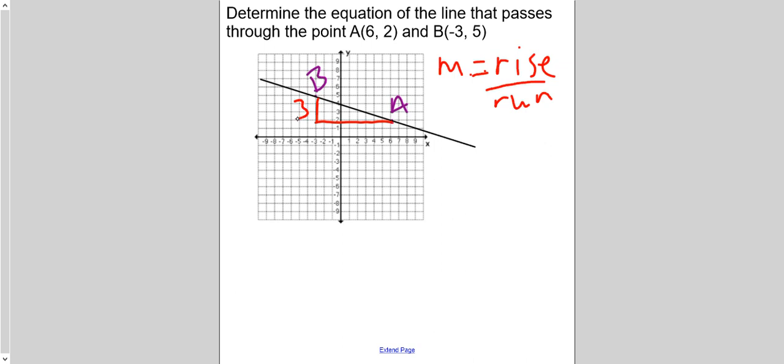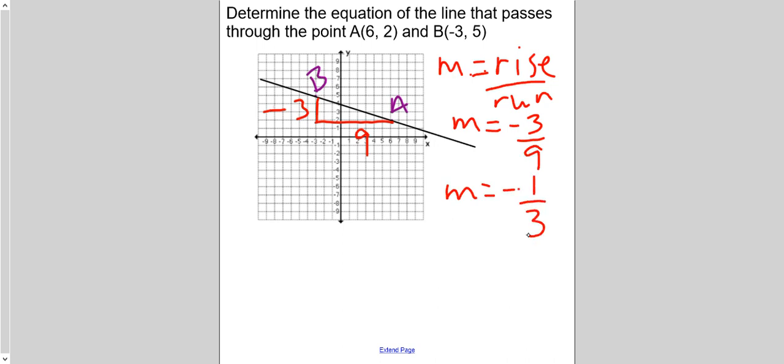I can just count those squares. And my run is 3, 4, 5, 6, 7, 8, 9. And this line, of course, is going down, so we know it's a negative slope.